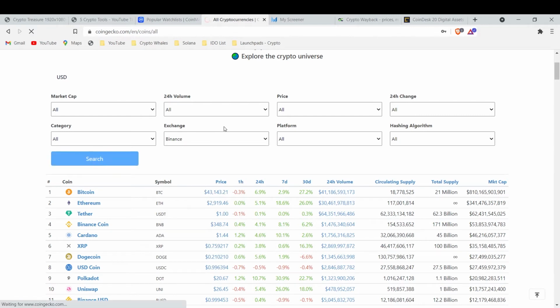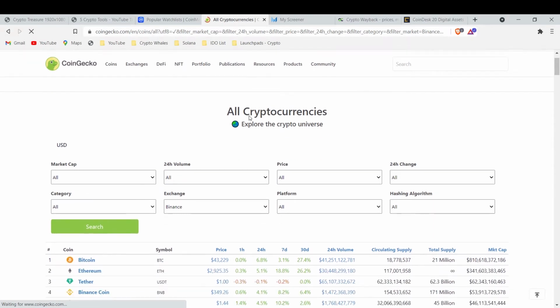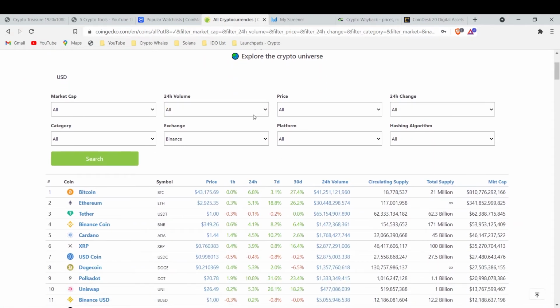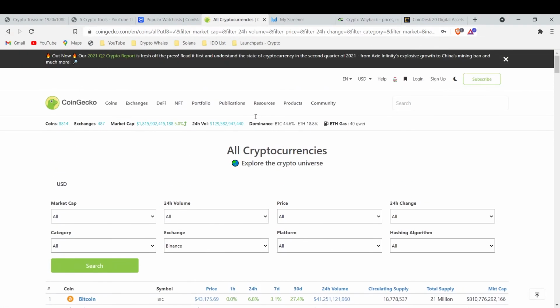So in this case, for example, you can see Binance and exactly what coins Binance has listed on its exchange. So this is the second one of the market tools that you can use as part of your crypto journey, apart from the market data that you can see.